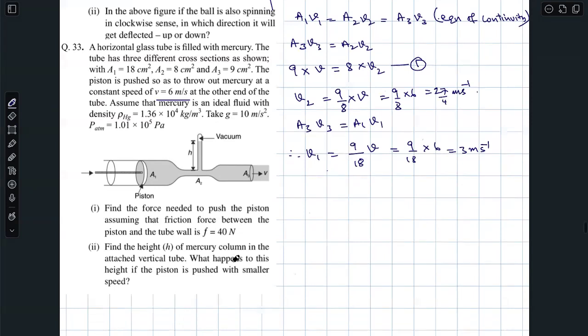Right. Next, what they are asking is, now I'll try to compare the situations at two different points. Why? Because I know that I am applying some force F at this point. Find the force needed to push the piston, assuming the frictional force between the piston and the tube wall is F. That is the pressure at this point.